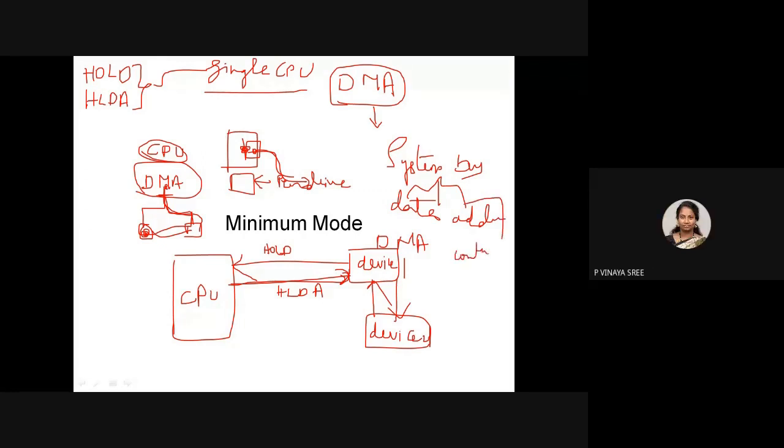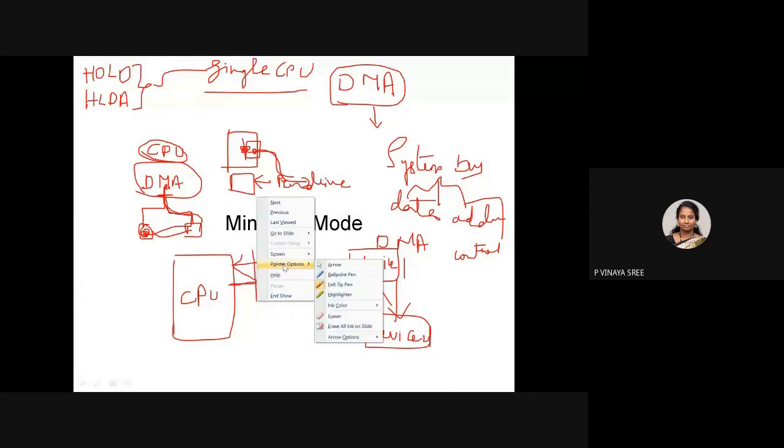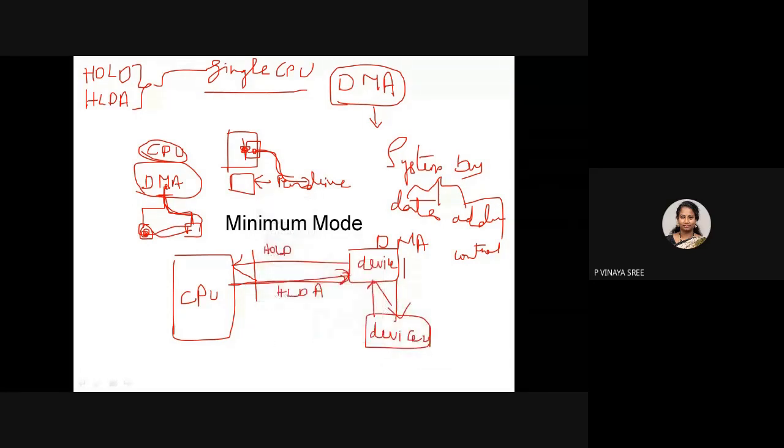Yes, good. All of these buses will be disconnected from the processor once the acknowledgement is given. Now DMA is using the system bus.